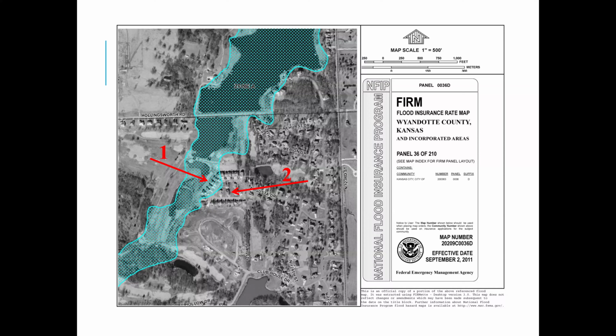Whereas house number 2 that's being pointed at is not in the regulatory floodplain, so it can just be repaired, and whatever building permit might be required or other permitting, we just don't have to worry about it from a floodplain perspective. Then the number 1 arrow that's pointing at those houses, those do have to be assessed, and if the cost to repair to its pre-damage condition is 50% or more of the market value, then it has to be brought into compliance, which could mean having to elevate that structure.